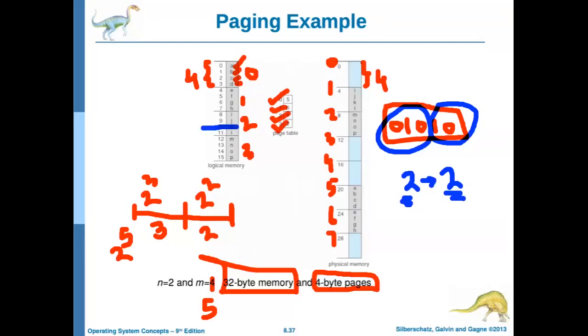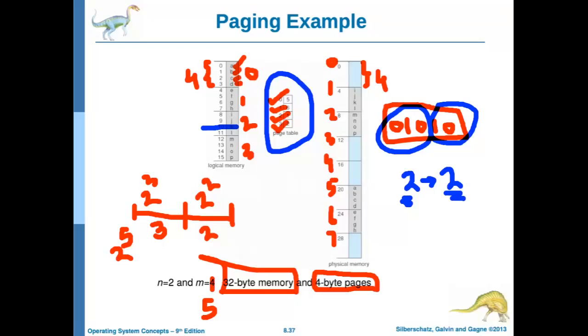Now how to identify the address in physical memory? For that you need to consult this page table. Now remember, in the case of segmentation we stored the starting address, that is the base address, for each and every segment. But here in the page table we just stored the frame number. Given the frame number and the size of the frame, it is just a matter of multiplication.